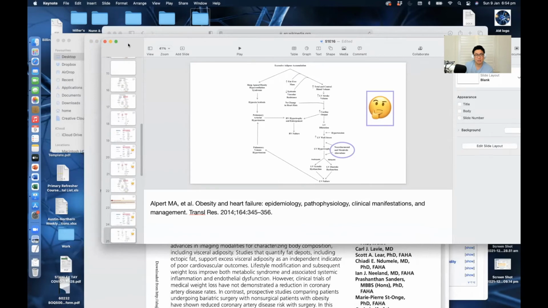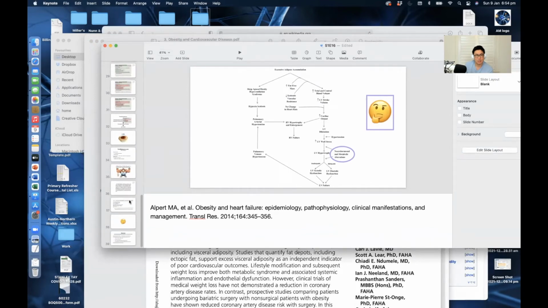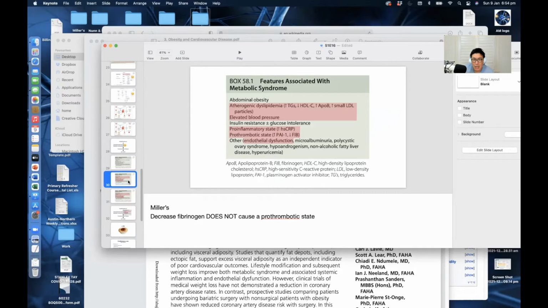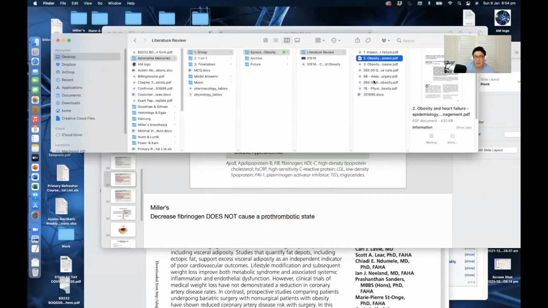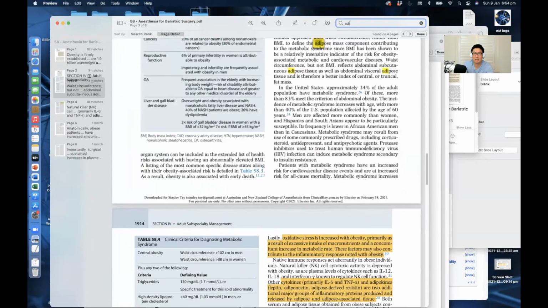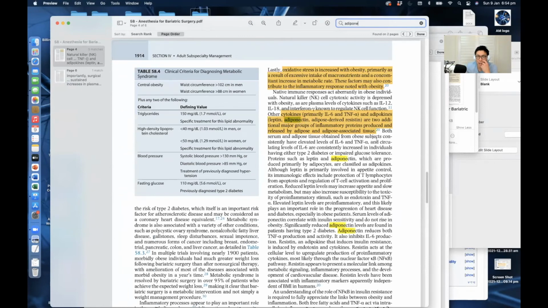So, let me come up to the table here. And let me have a look at the article from Miller's, and they talk about the oxidative stress factors that contribute to the inflammatory response, and native immune responses act aberrantly in obese individuals.